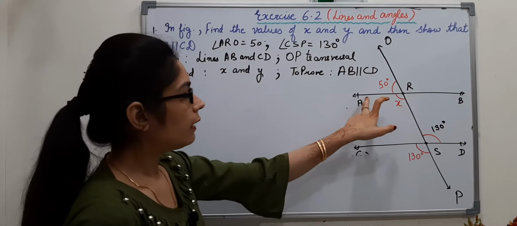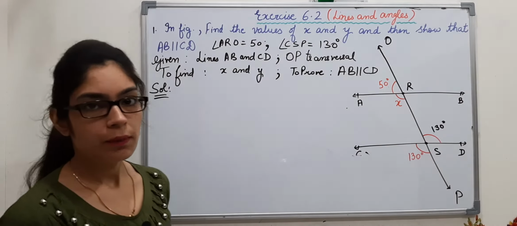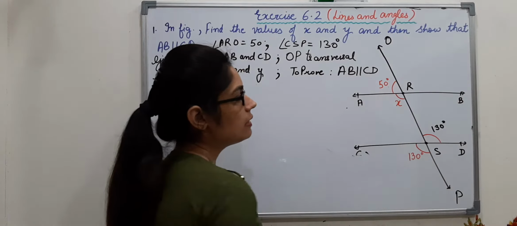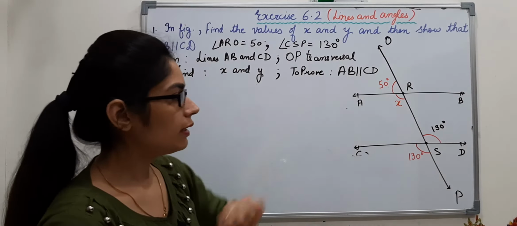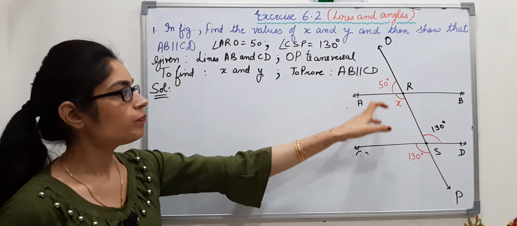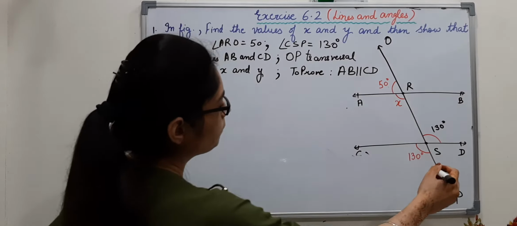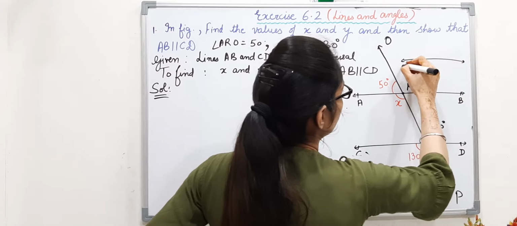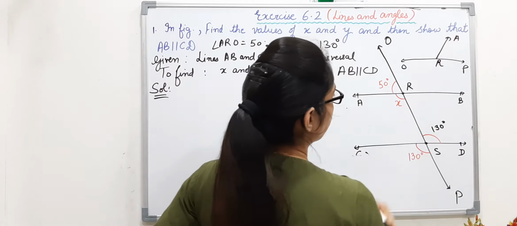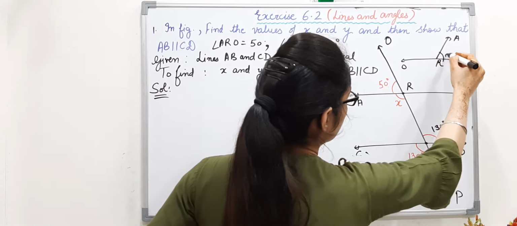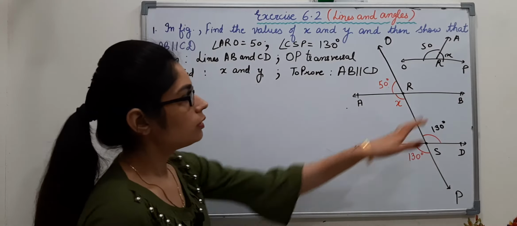If we see angle ARS and ARO, these two angles are forming a pair of adjacent angles such that 50 plus x is equal to 180 degree, because these two are forming a linear pair. We can write now, see if this is one line OP, here I'll draw OP is one line, and RA is a ray. So here this is x and this is 50 degree. If we just rotate this line, we will get a similar figure.